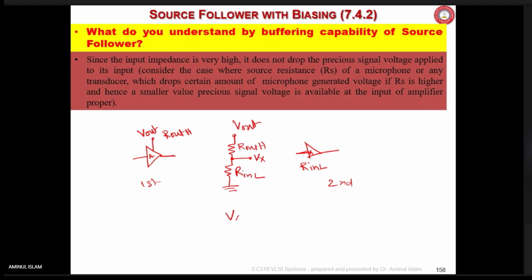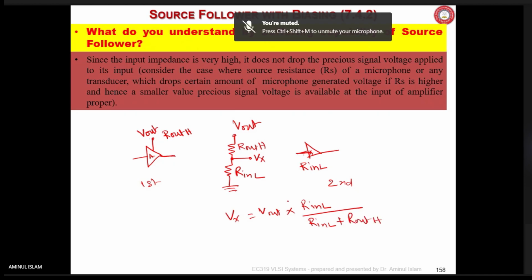Voltage value Vx is going to be V out times R in L divided by R in L plus R out H. Okay.